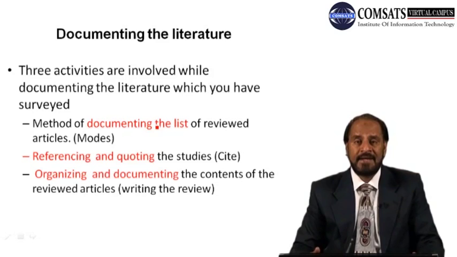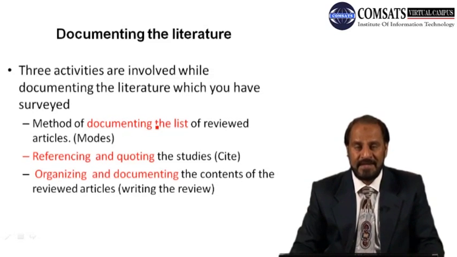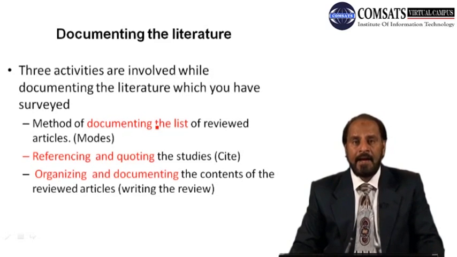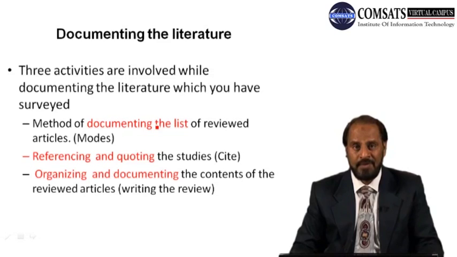And then the second activity you tend to do while writing the review is to reference, cite, or quote previous authors' work, what they have done, what they said, what their findings were. That kind of thing, when you start documenting and referencing it, is the second type of activity. And one more thing while writing, while documenting, while referencing, is how you arrange and organize this document, the literature review in a journal, that we are talking about.